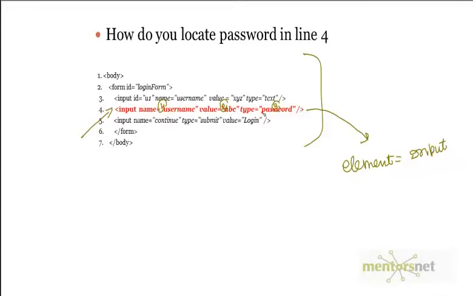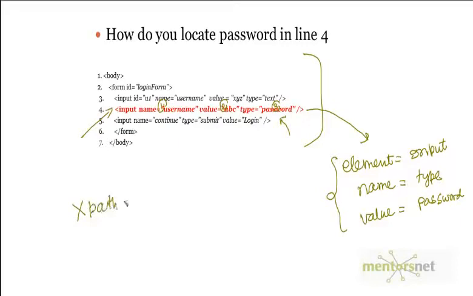For example, in the case of this attribute, the attribute name is type and the attribute value is password. So if you have this kind of scenario, then you can write your XPath yourself. The XPath will be //, then you give the element name.